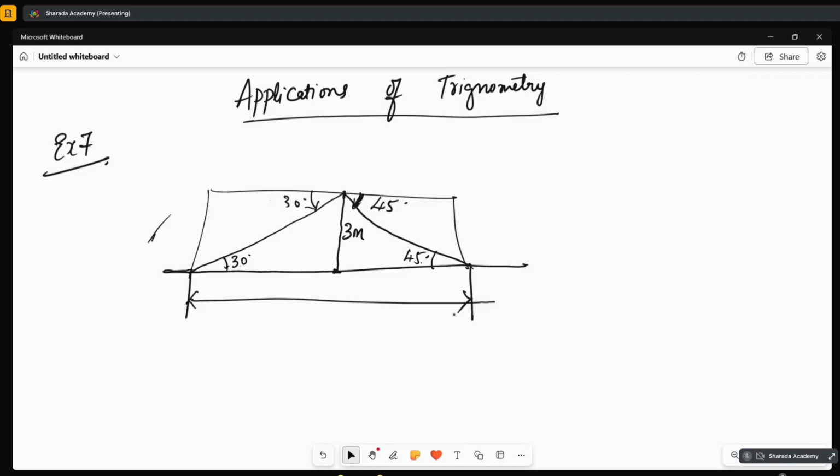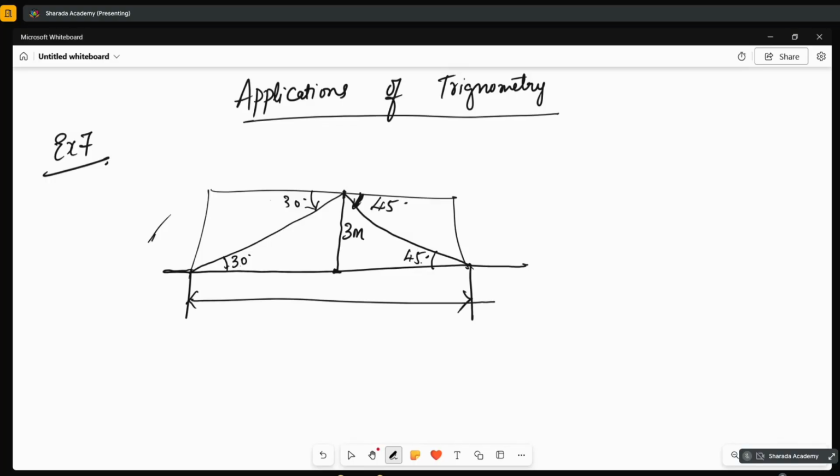Main key thing here is you have to imagine that situation and try to draw the diagram. From a point on the bridge across the river, the angle of depression of the banks on opposite sides of the river are 30 and 45. So this is 30, this is 45.